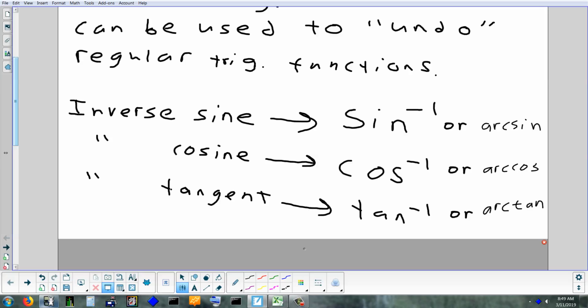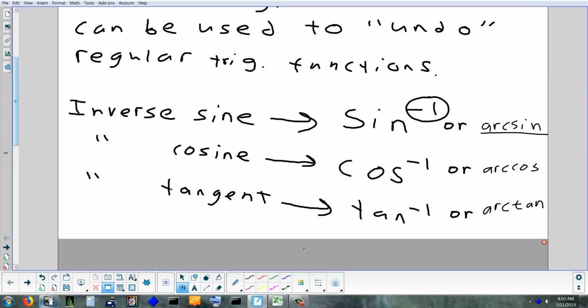And what's kind of tricky about putting a number right here is if you put any number there other than a -1, it is an exponent. The only time it's not an exponent is if you put a -1. Just think of the -1 as a special symbol that just means inverse sine. Now next to it, I wrote this other thing. I wrote arc sine.